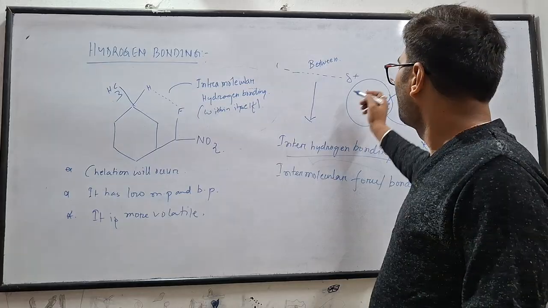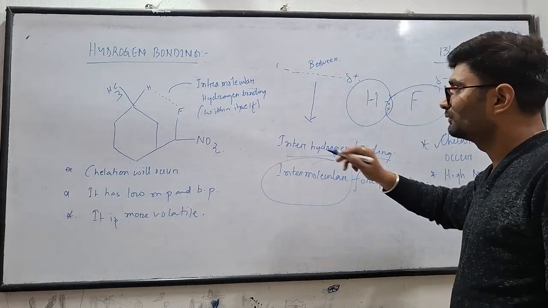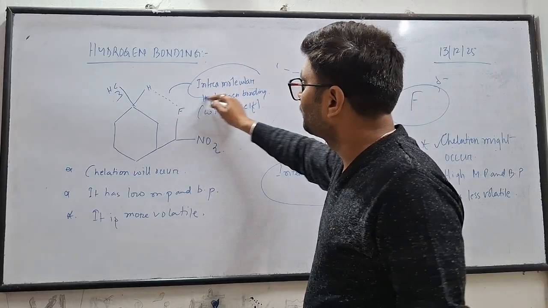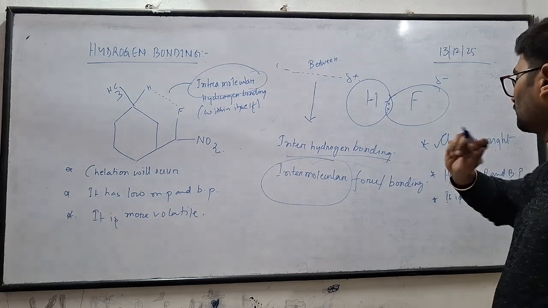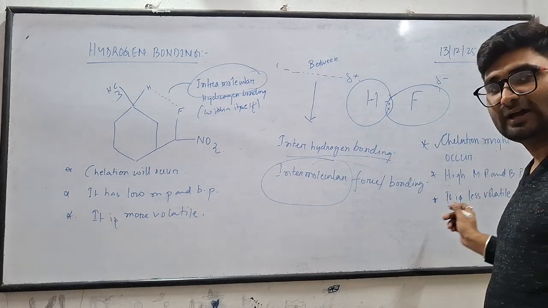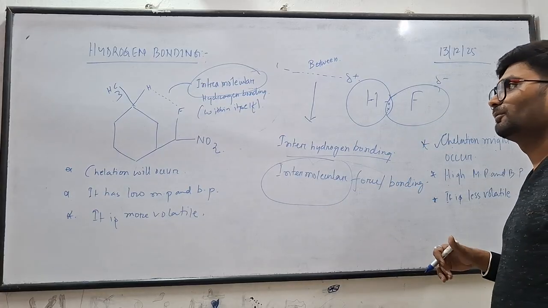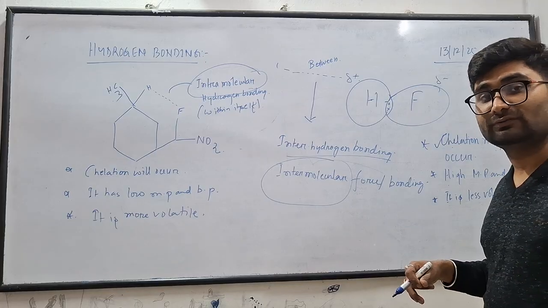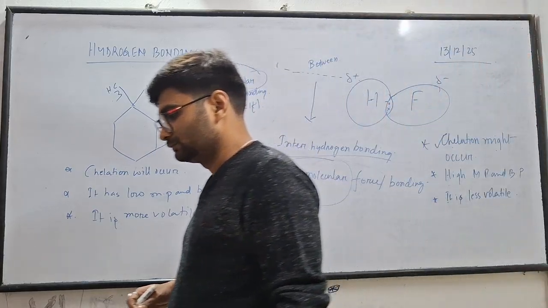You should remember this delta negative, delta positive. We should remember these intermolecular forces and intramolecular forces, where we can show where the chelation will occur, where it will not occur, whose melting point and boiling point is high, and how hydrogen forms a bond. What kind of bond does hydrogen form? It forms a covalent bond.